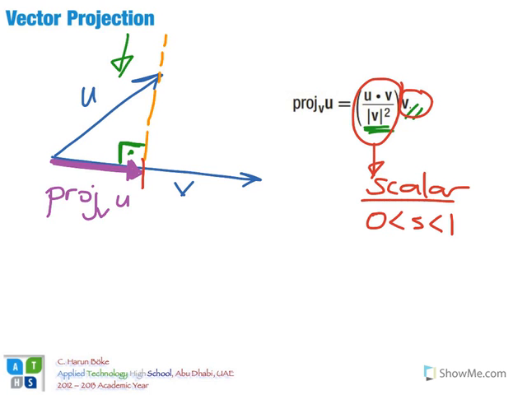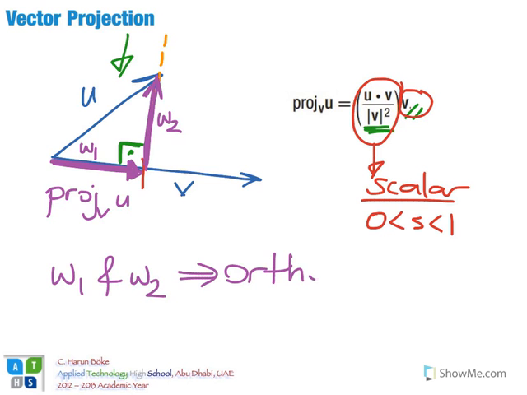So, if we have this vector, let's name it W1, and if we have here another vector called W2, then W1 and W2 will be orthogonal. Why? Because the angle in between those vectors will be 90 degrees.